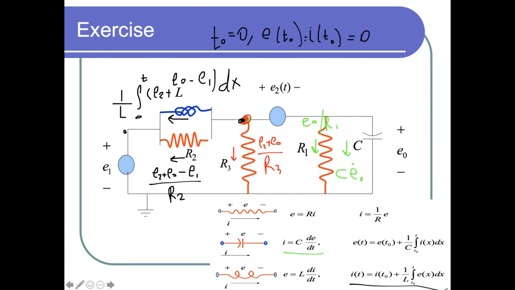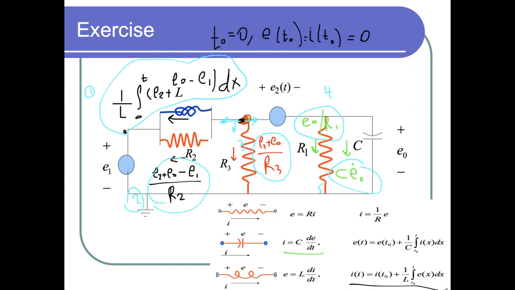So I need now to sum all of these 5 currents. I take this one, call it 1, this 2, the third one 3, the fourth one 4. Notice that I'm taking all the currents going out of the system so that I can sum them all up, right? This is 5.